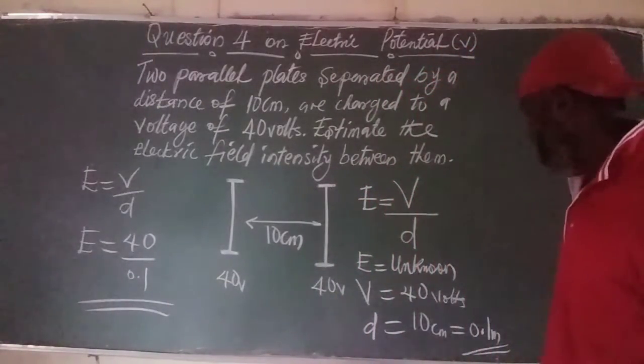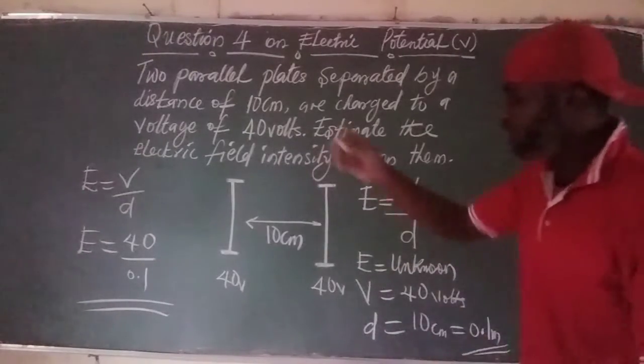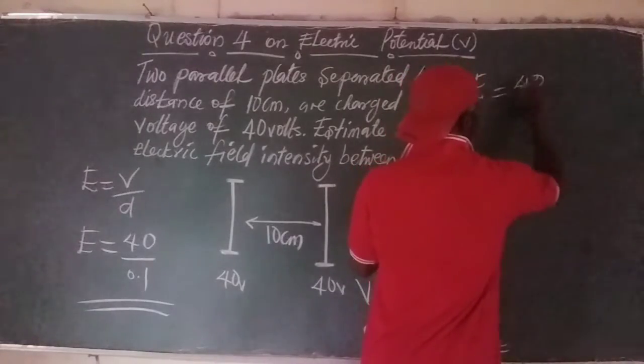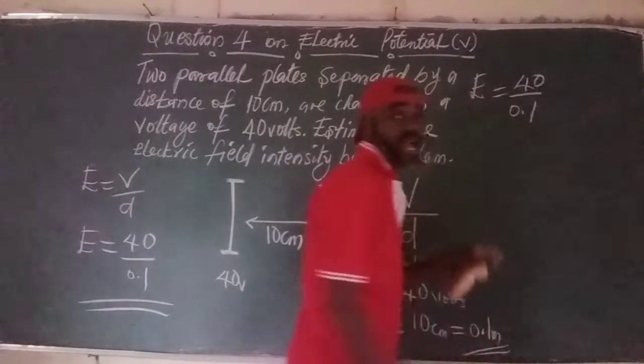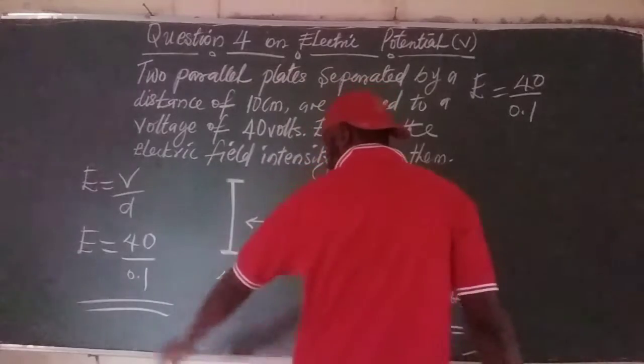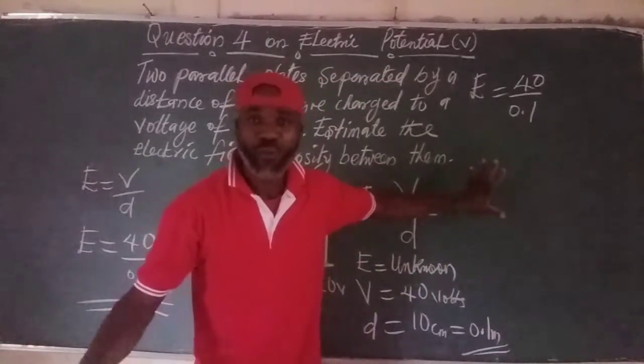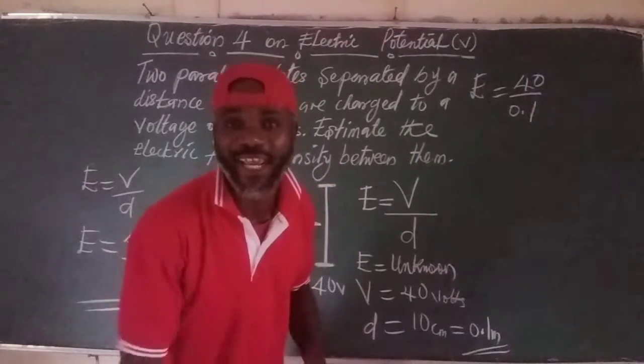This is interesting, isn't it? It means that our E is 40 all over 0.1. I have just repeated what I have here, because I want to solve it in a very simple way for us to understand.